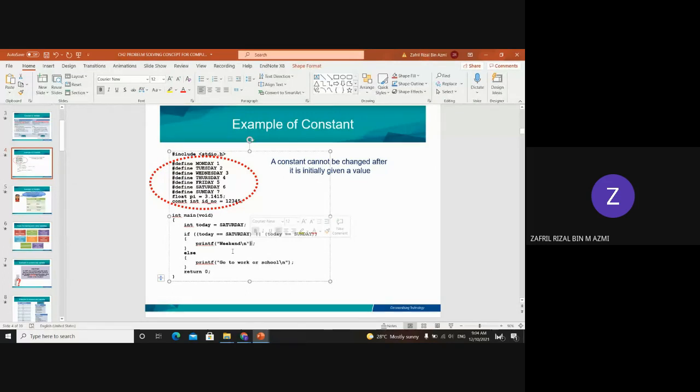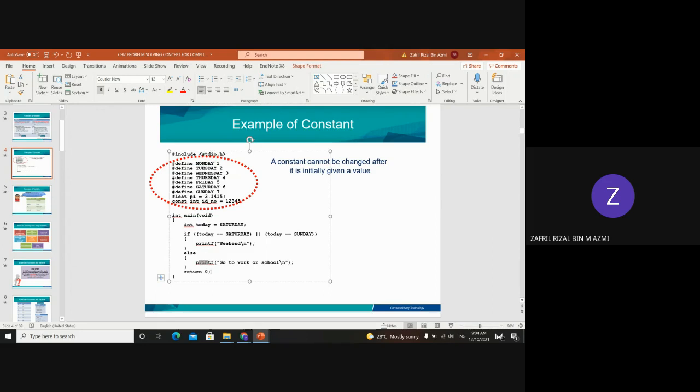Most of the time, it has a bracket after one statement. So this bracket over here, this bracket over here, this bracket over here, these are all predefined functions. The functions that we get from the stdio.h library.